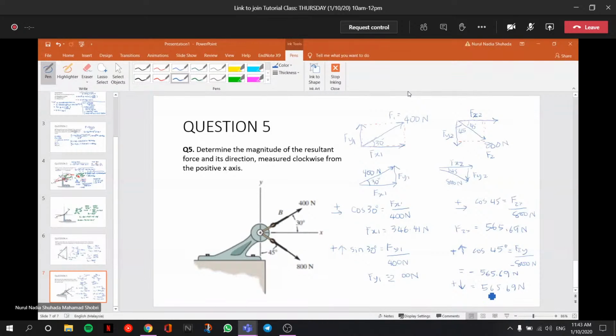Okay, so we now get the individual forces according to the x and also y axis.